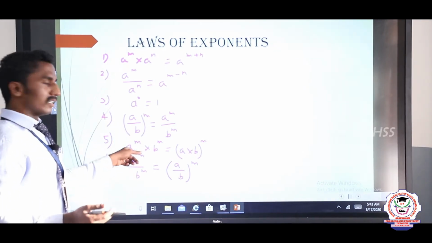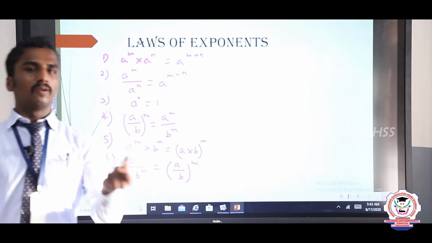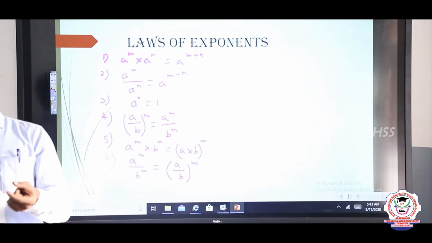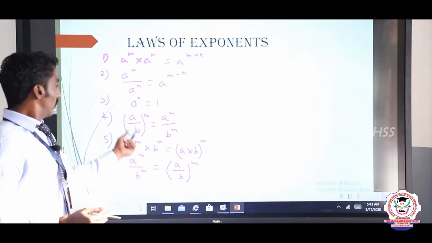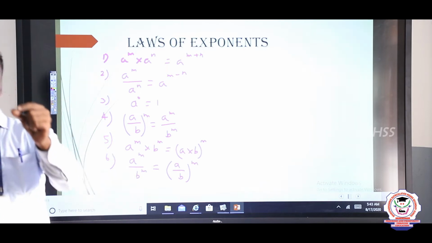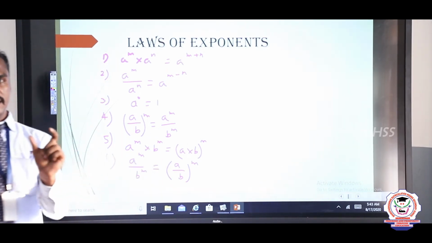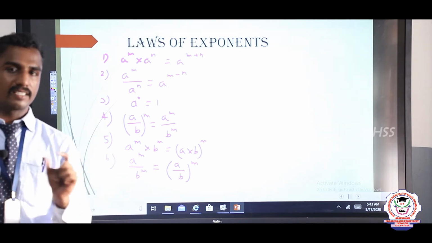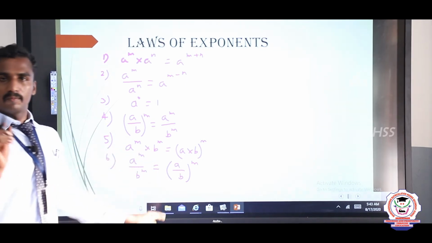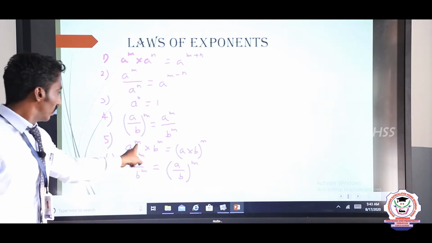Next one, division: a by b whole power m equal to a power m divided by b power m. Here the exponents are equal and the bases are different. Next one is a power m into b power m; the bases a and b are different in the product and the exponents are equal, m.